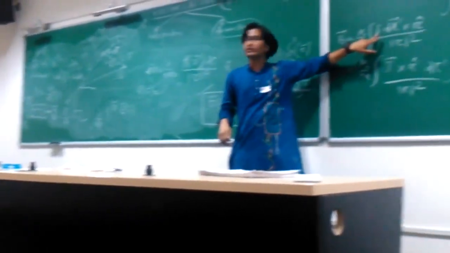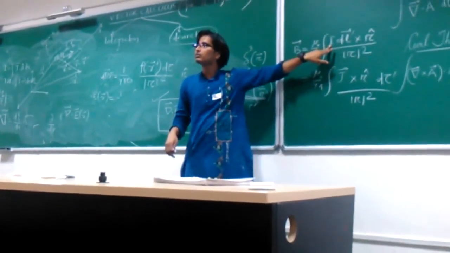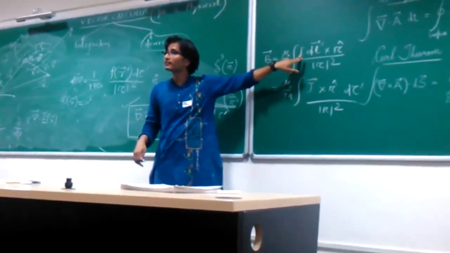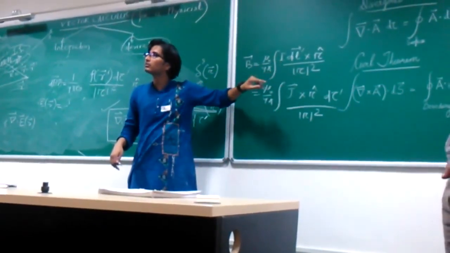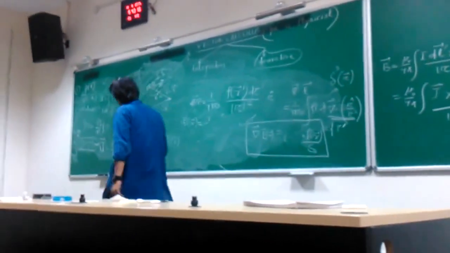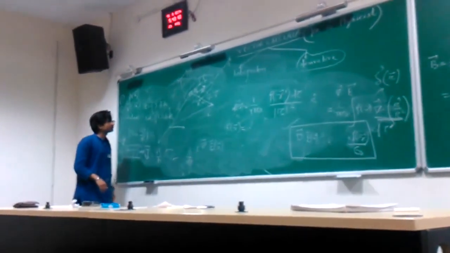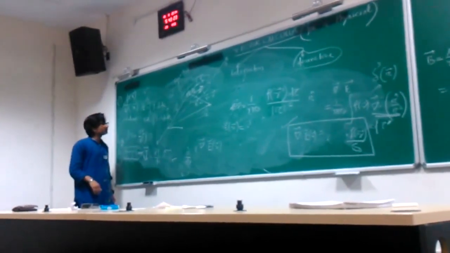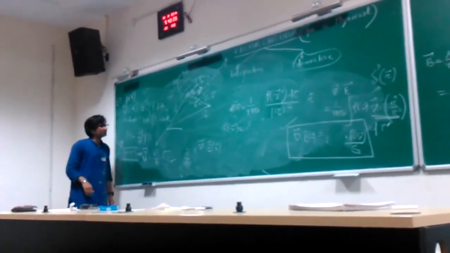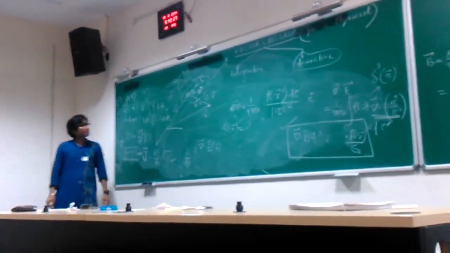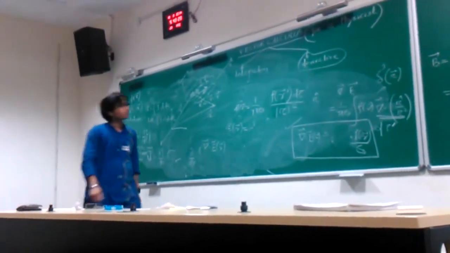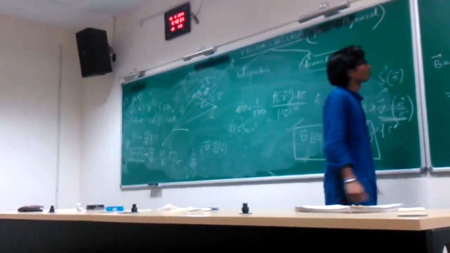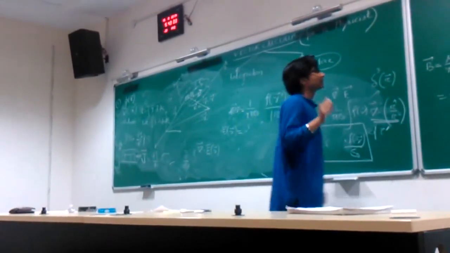Here I was a constant current. I equals integration J dot n dA dl. Just substituting I dl, I will get the integration, right? Double integration, because you also have two limits.